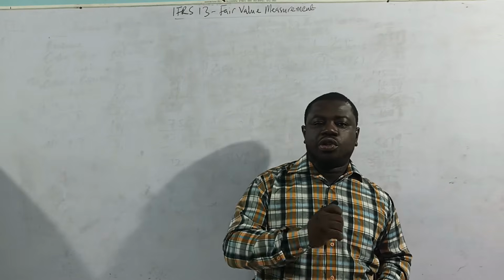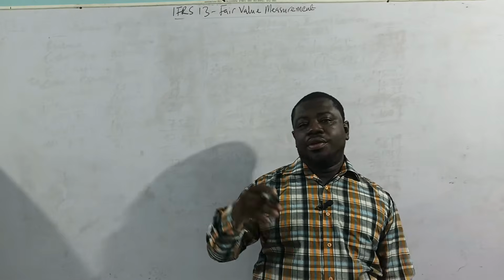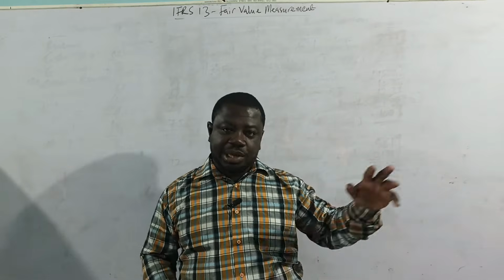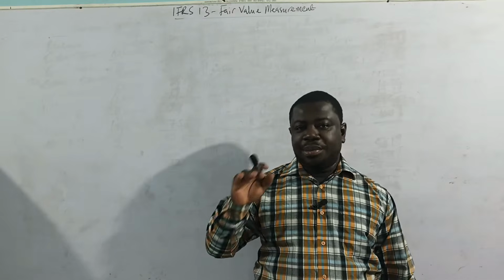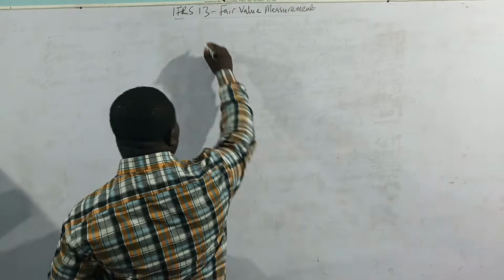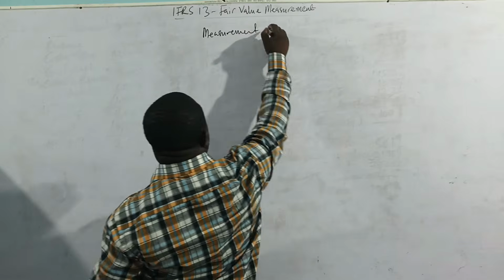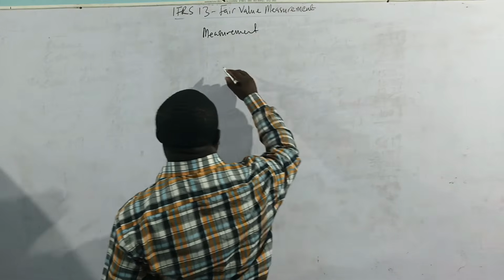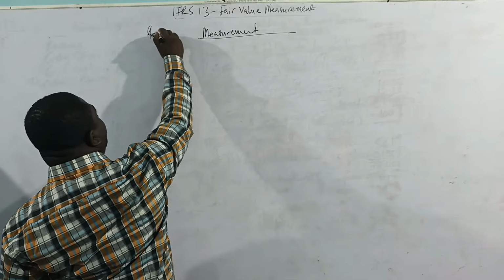Remember that for almost all the standards that we have done relating to assets and liabilities, we have looked at recognition criteria and the measurement criteria. Here, what we are going to look at is the measurement criteria for fair value. So measurement, or let me say practical measurement.